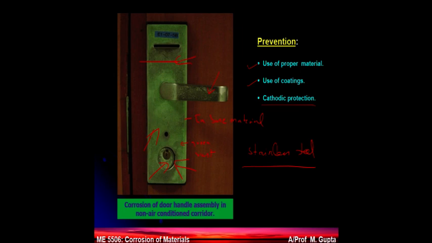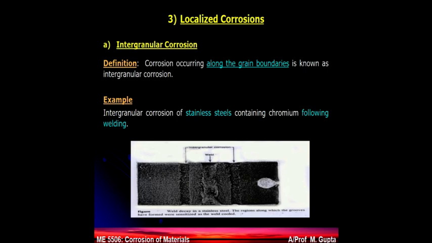Once you attach a more reactive metal, whatever you are trying to protect becomes the cathode. If it is brass, you weld a piece of zinc to that, and it will stop the corrosion. So these are certain ways in which you can minimize uniform corrosion. All right, straightforward. Let's move on.